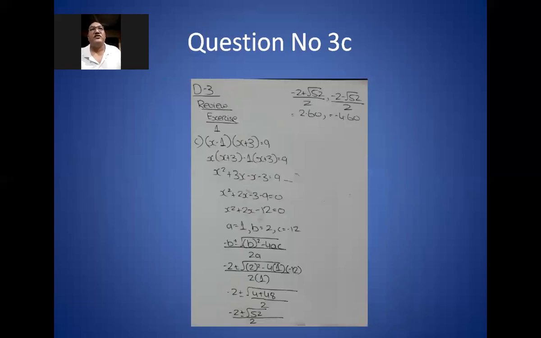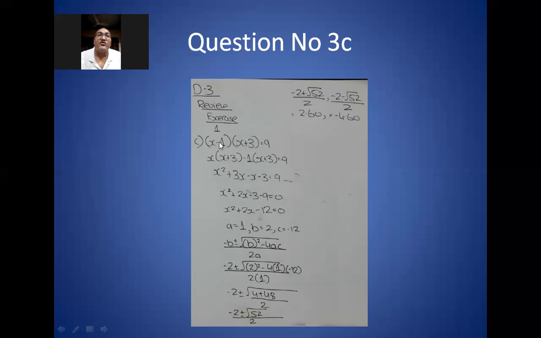Hopefully you have understood. Okay, so we are moving to the next question, and that is the C part of question number 3. Here we have x minus 1 in one bracket, and in the second bracket we have x plus 3, and it equals 9. Both these brackets are multiplying. The first member of the first bracket will multiply the second bracket, then the second member of the first bracket will multiply the second bracket.